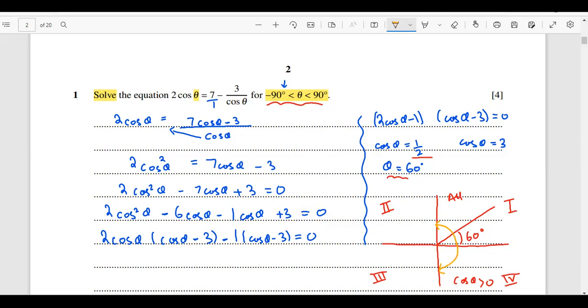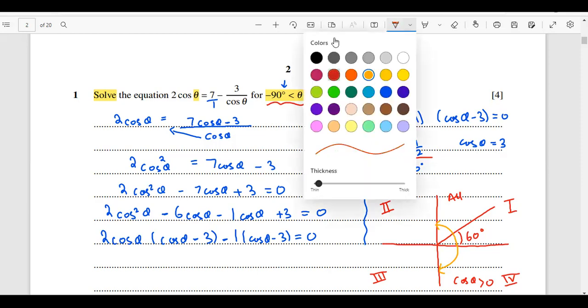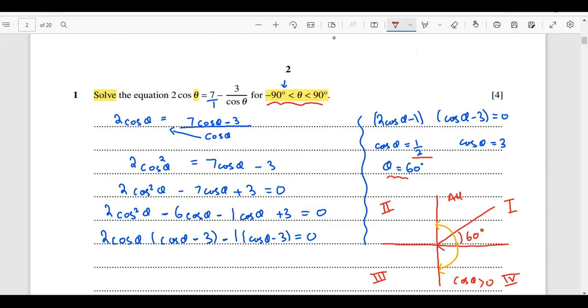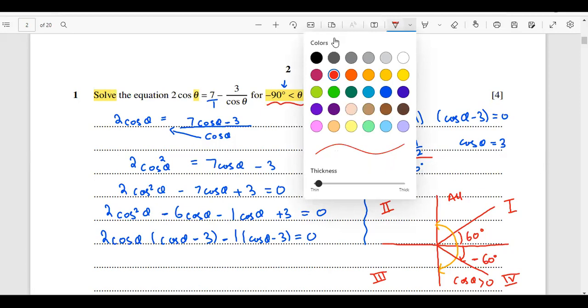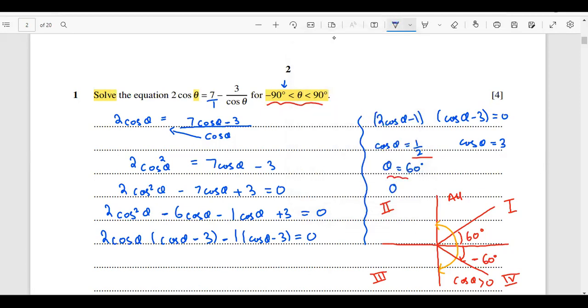Now I need to talk about the anti-clockwise angle that would be part of the same range. The angle in the fourth quadrant would also be 60 degrees, and when I measure it this way, it is going to be minus 60 degrees. So the angles have turned out to be theta equals 60 and theta equals minus 60 degrees.